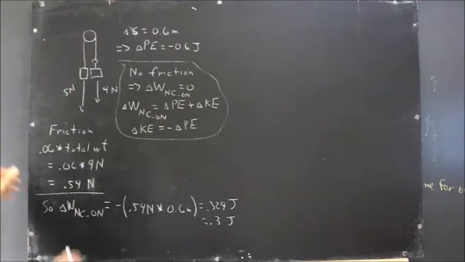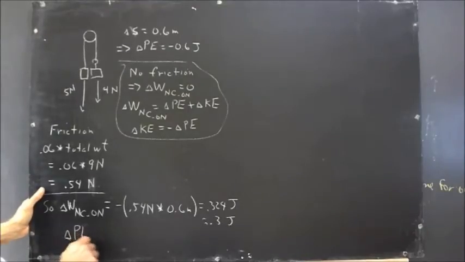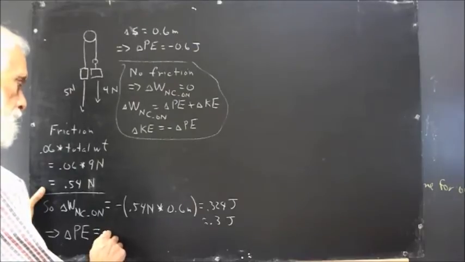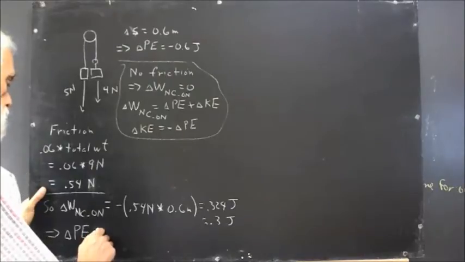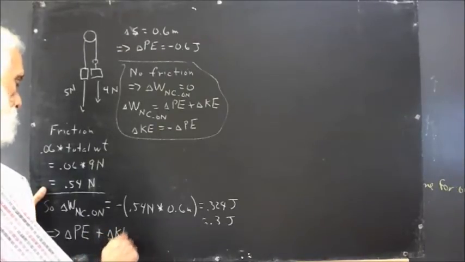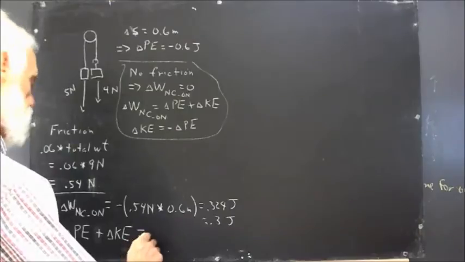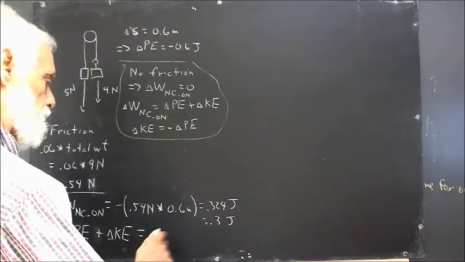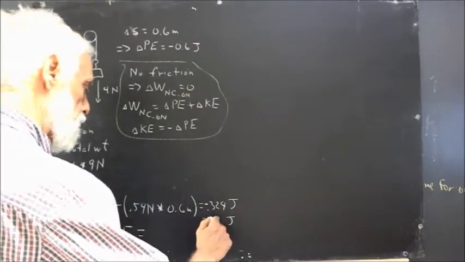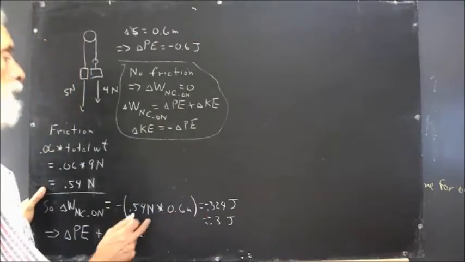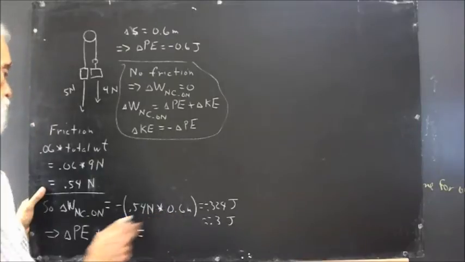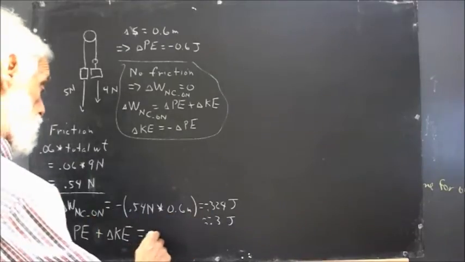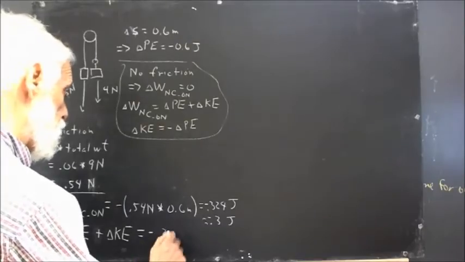So that implies that delta PE plus delta KE equals, I forgot the negative over here. Of course, it's negative of this times this. The frictional force being in the opposite direction to the displacement makes it negative. And so that becomes negative 0.3 joules.